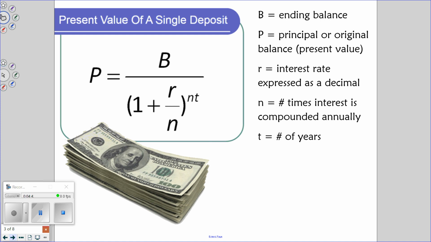Scientific calculator people, because I know this is going to cause some issues for you guys. If you're typing these into a scientific calculator, you want to make the change on your green formula sheet because you'll get to use that. Scientific calculator people, that NT, you're going to have to calculate that ahead of time, just like you have been the whole time.